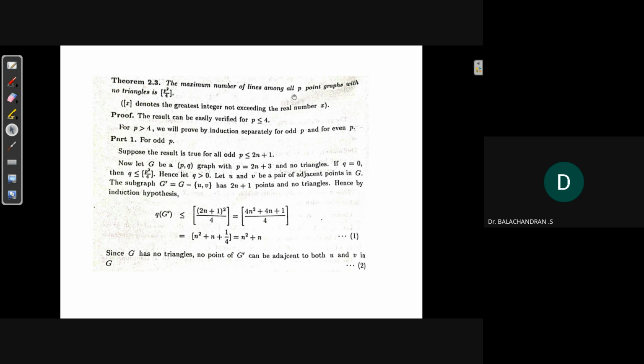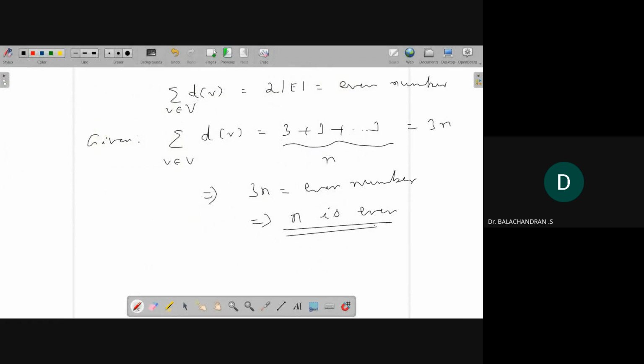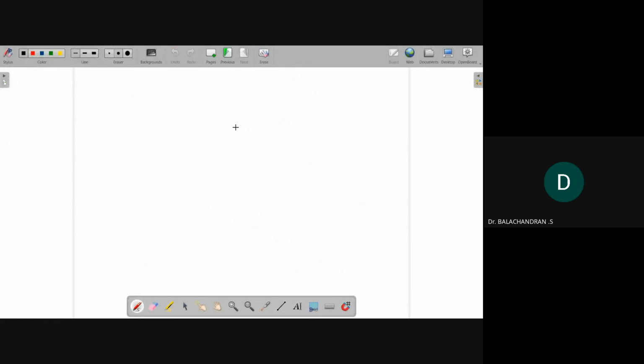The maximum number of edges among a graph with p vertices and no triangle. No triangle means it does not have a C3. C3 or K3 is a triangle. It does not contain a C3 or K3. Both of them are the same.